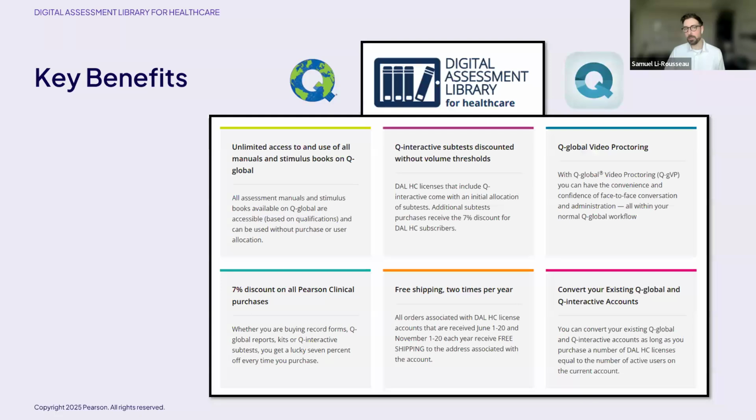And so this is super unique because you can essentially put anything in your cart, and then the 7% discount will be applied to all of those items within your cart, with the exception of your renewal cost for the digital assessment library, or if you're just subscribing to that. But everything else, forms, report usages, subscriptions, response booklets, whatever you need will have that 7% discount applied to it.